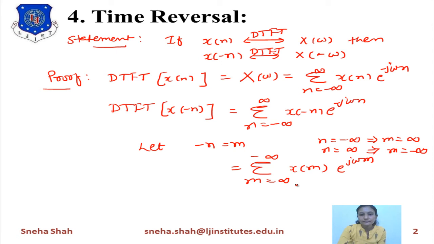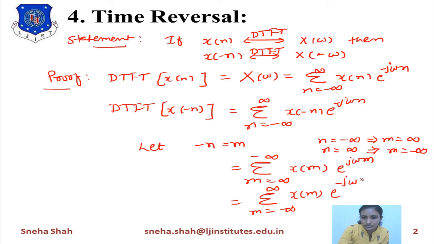Now taking the summation from infinity to minus infinity or from minus infinity to infinity, both are the same. So this term is represented as summation m equals minus infinity to infinity of x of m, and this term we rearrange as e raised to minus j omega m.